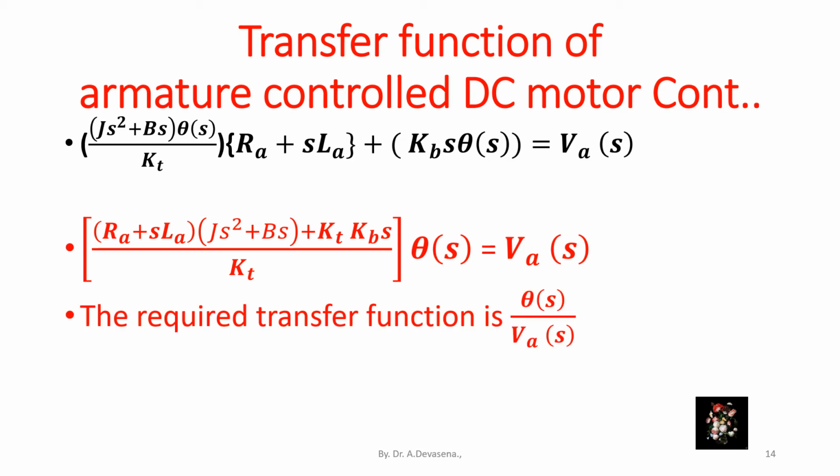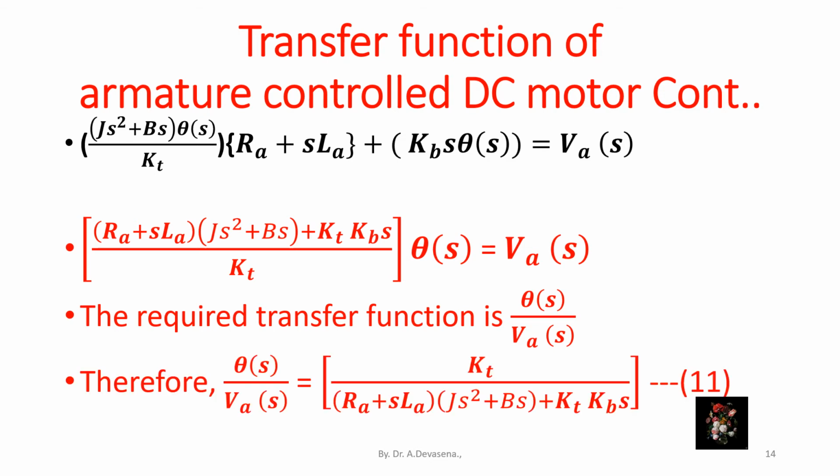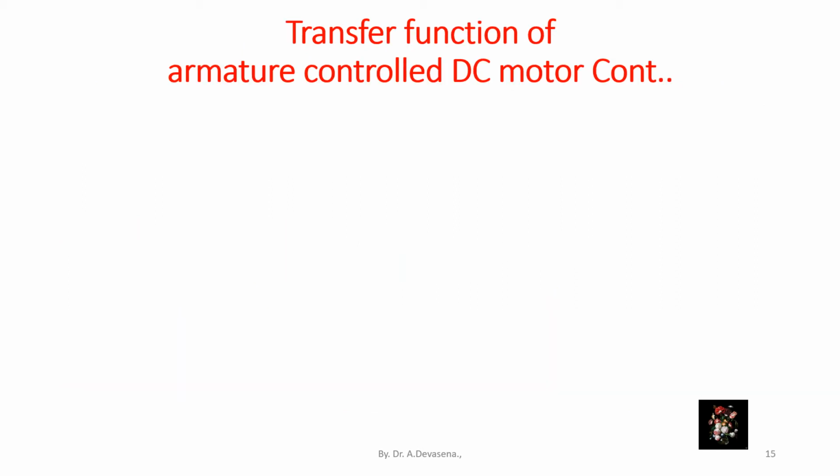So the required transfer function is θ(s) by V_A(s). Therefore, θ(s) by V_A(s) is equal to K_T divided by (R_A plus s L_A) into (J s² plus B s) plus K_T K_B s. Consider this as equation 11.